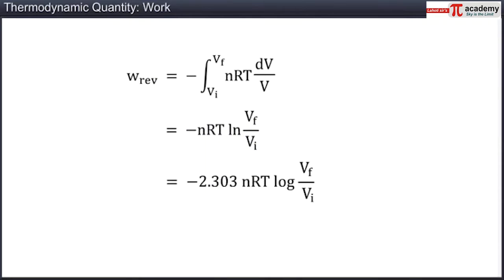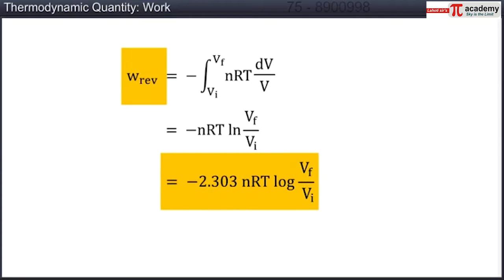On converting natural logarithm to base 10, we get reversible work W rev equals minus 2.303 nRT log Vf by Vi.